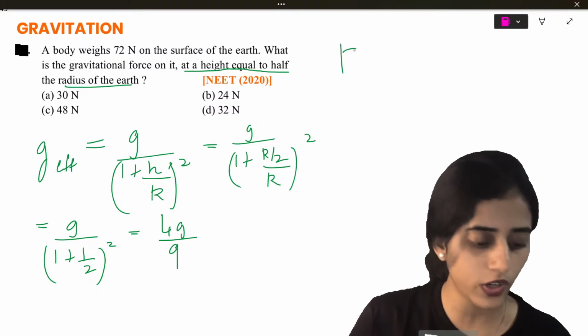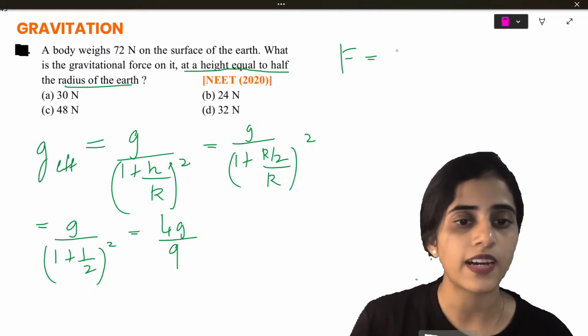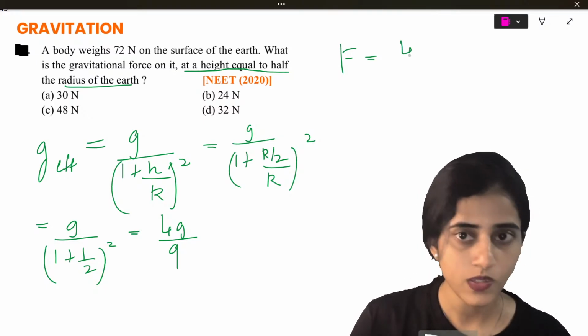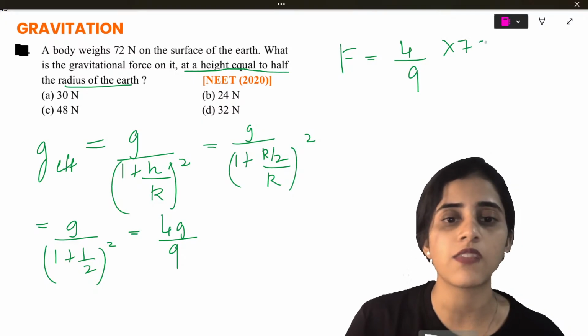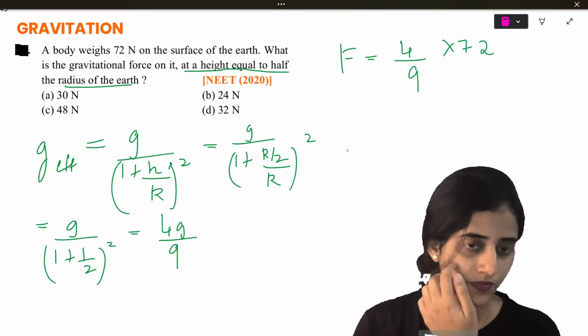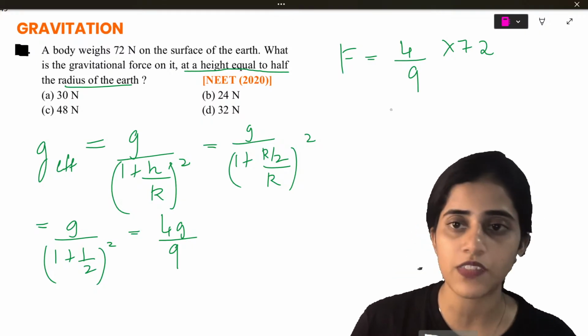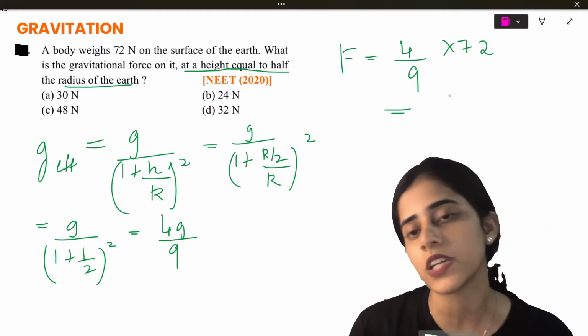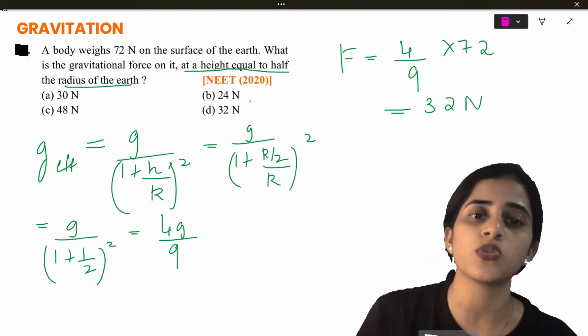So what is the F going to be? F is equal to, what else? I have gravity 4 by 9 into 72. 4 by 9 into 72 is going to be equal to 72 by 9 into 4, which is 32 newtons.